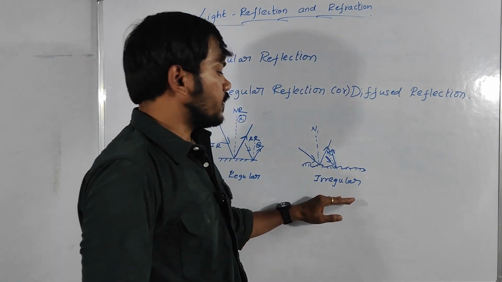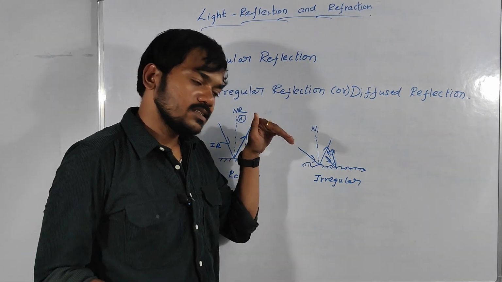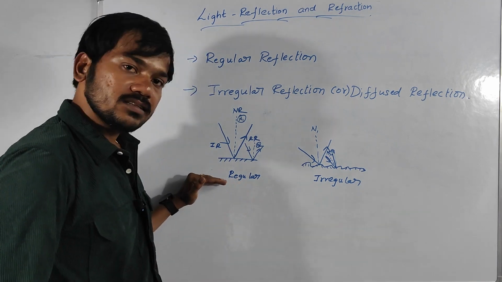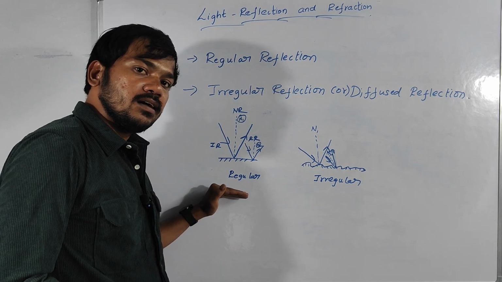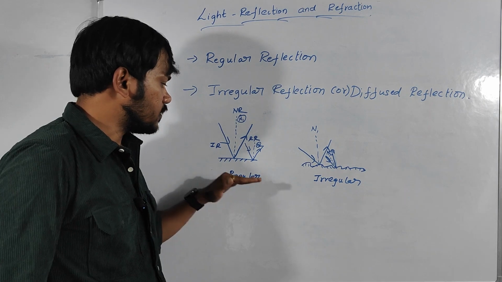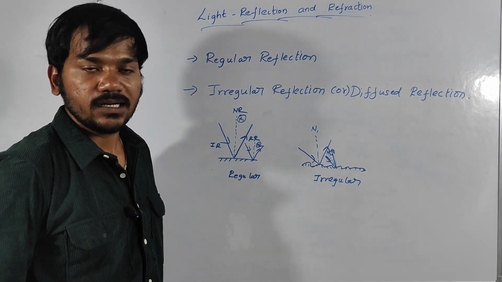Clear, no? In irregular or diffuse reflection, the plane of contact on which the light is incident is irregular, not planar. Whereas in regular reflection, the plane of contact is flat and the normals are parallel to each other. Clear, no?